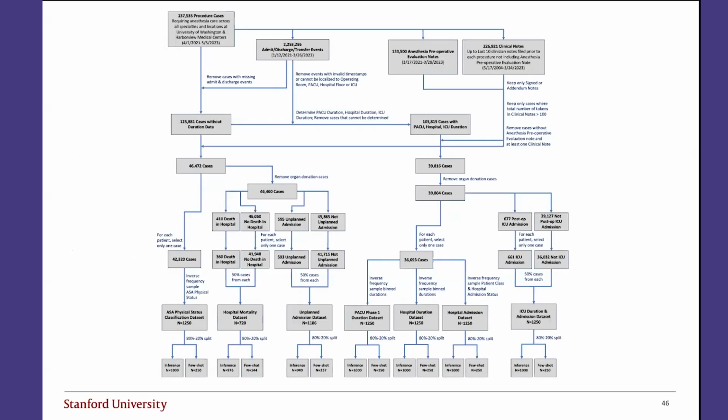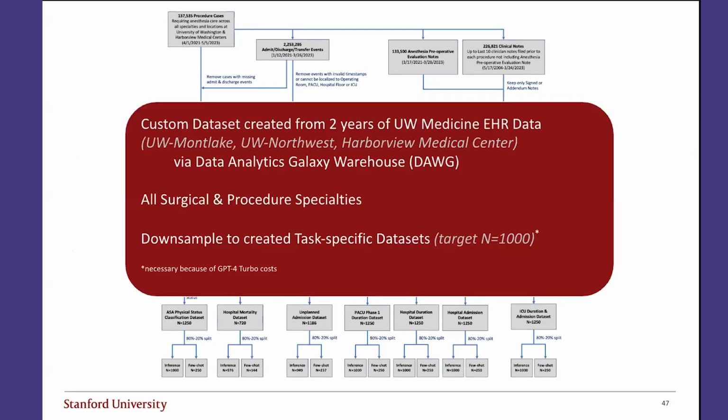So creating the data set from the electronic health record was quite a challenge. This is just to indicate that it's fairly complex, but at a high level, essentially what we did is we took 2 years worth of UW Medicine electronic health record data from DOG, or the Data Analytics Galaxy Warehouse, and we represented all surgical and procedure specialties that required anesthesia care.